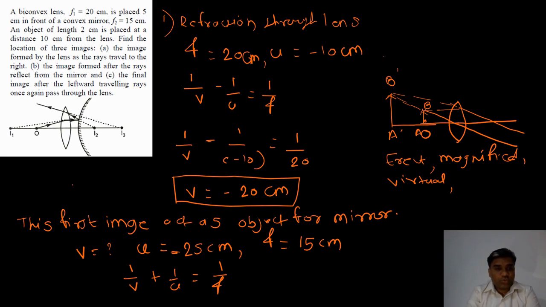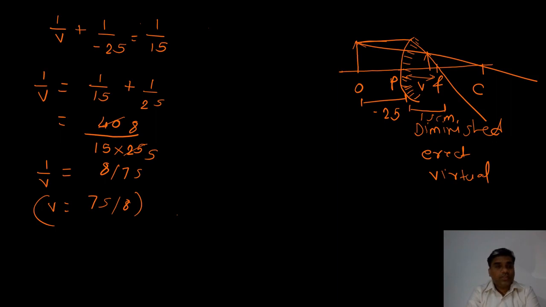So u is equal to minus 25 centimeter and f here is 15 centimeter. Use the mirror equation, 1 upon v plus 1 upon u is equal to 1 upon f. After solving this, we will get v is equal to 75 by 8.